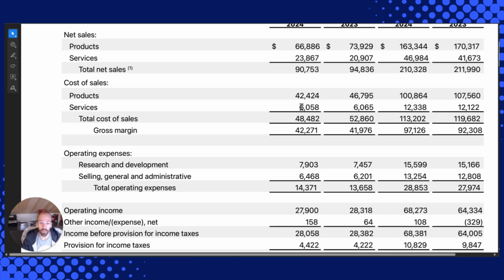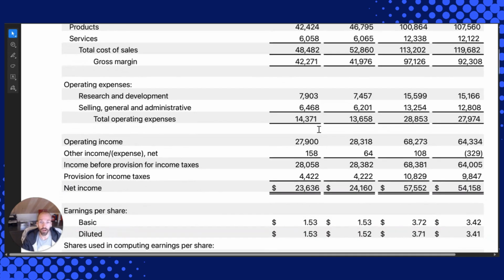I would look at that sort of stuff as well, and compare to other periods: are those gross margins by product or gross margin for services declining or increasing over time, to see what the trend line is. But that gets you to total gross margin, or gross profit as it's sometimes called.